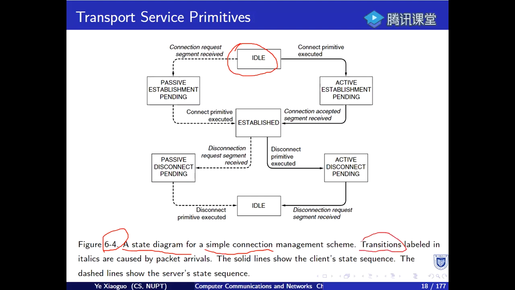Transitions labeled in italics are caused by packet arrival. For example, this is a packet arrival.